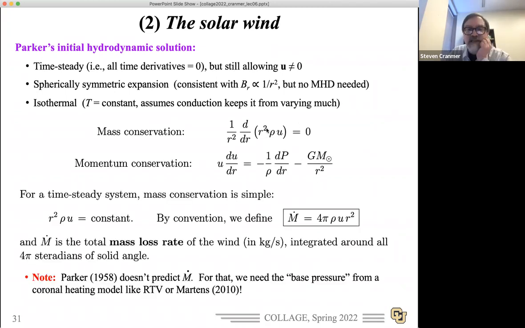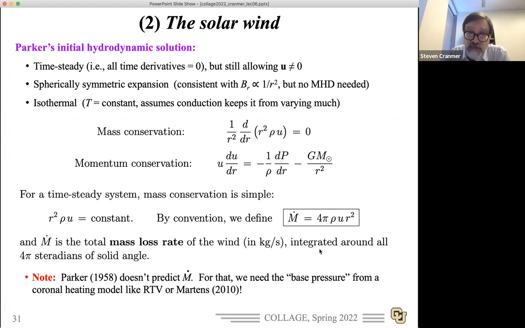If everything is time steady, mass conservation is pretty simple because R squared times density times flow speed is just a constant. And if you multiply that by 4 pi, you get the so-called mass loss rate of the solar wind, essentially the total amount of mass that's ejected per second over the full 4 pi of this spherically symmetric thing. You saw in Iwaki's paper that Parker's original model does not predict the value for this mass loss rate.